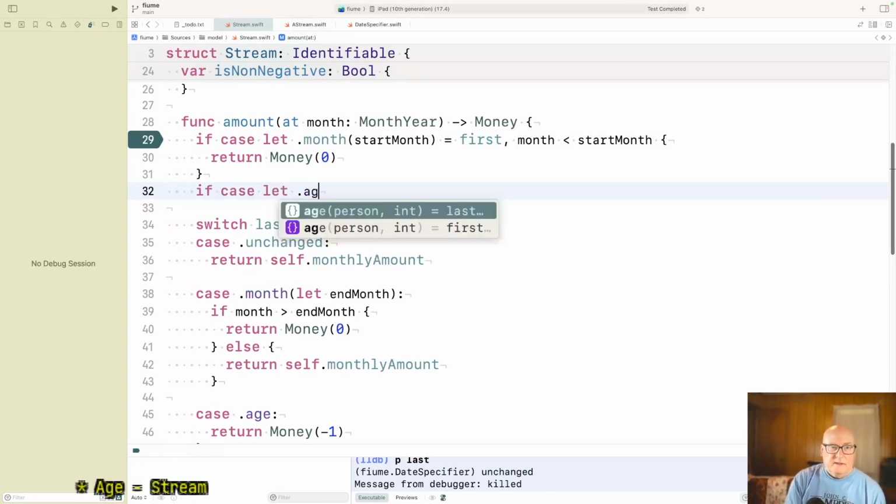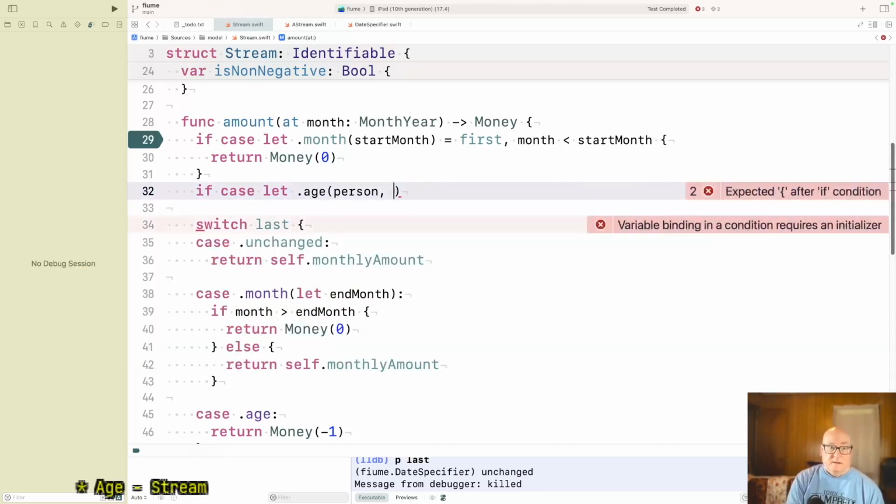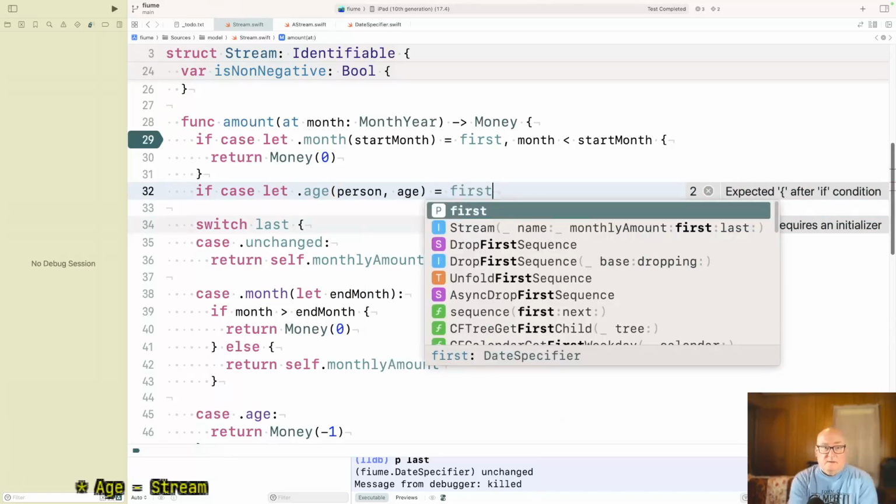Okay, age, person, and age is first. And so we need the birthday. Oh, well, this is interesting.